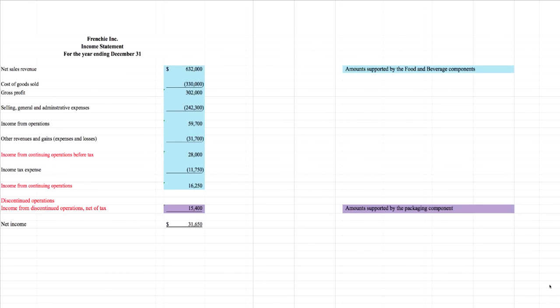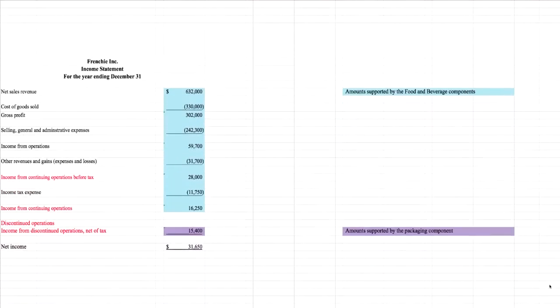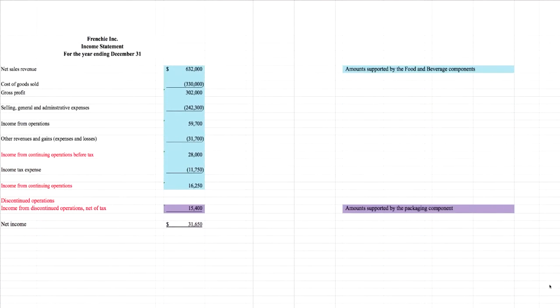That puts the reader of the financial statement on notice that, hey, there's got to be a discontinued operation. If we didn't discontinue the operation, notice that line item's called income before taxes. Now we're calling it income from continuing operations before tax. Then we show our tax expense just for those two components, income from continuing operations, therefore after tax.